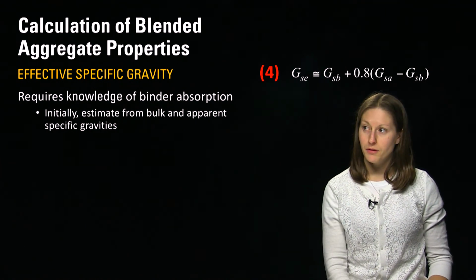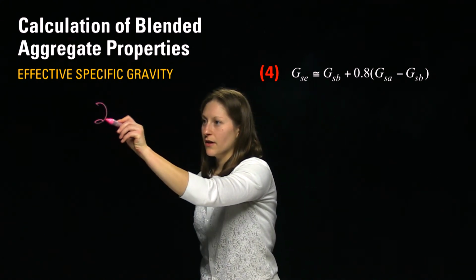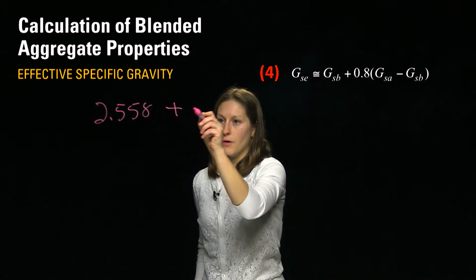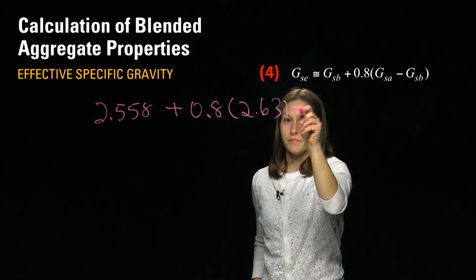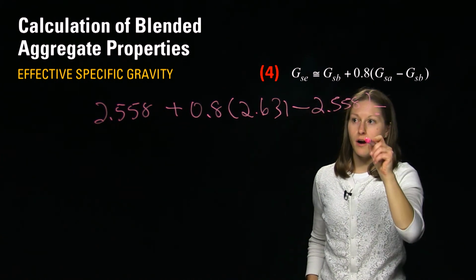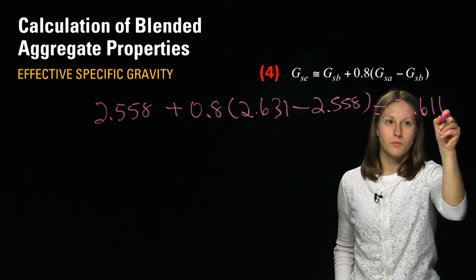For our example, we calculated that our bulk specific gravity was 2.558 and our apparent is 2.631. Therefore, our estimated effective specific gravity is 2.616.